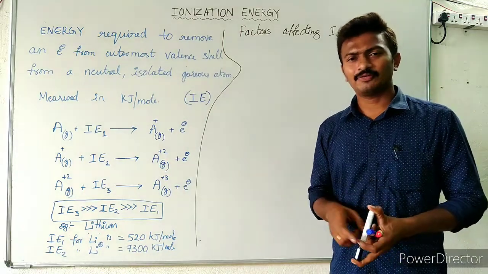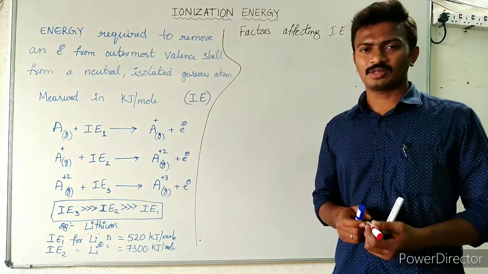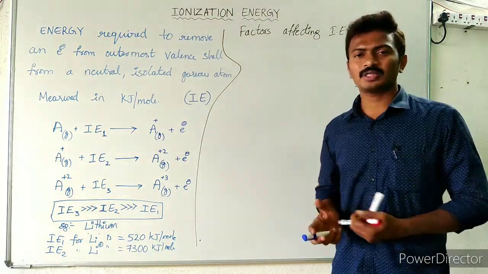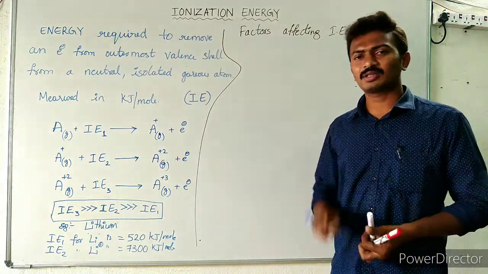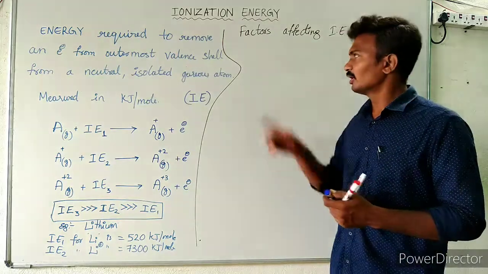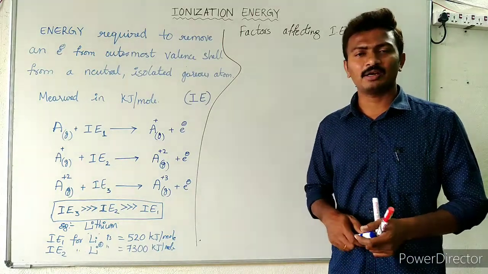So you all know that for everything there will be different factors affecting on different things, right? Whatever the process that are occurring around us will be depending on various factors surrounding it. In the same manner, this ionization energy is also affected by many kinds of factors.